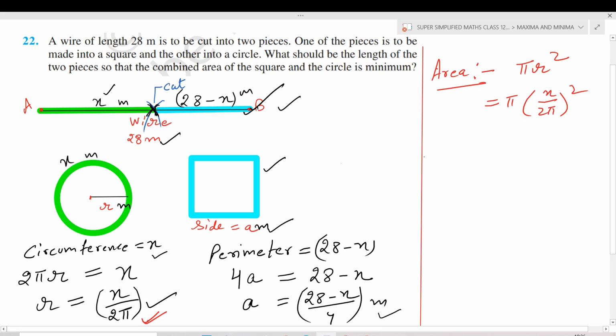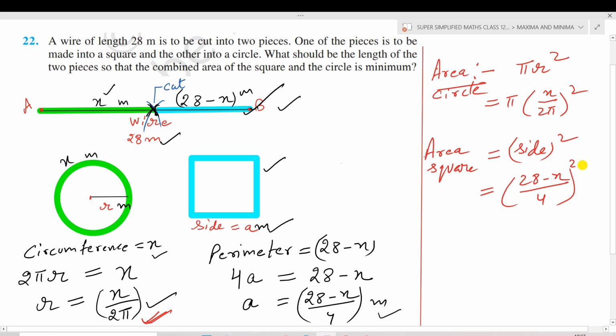So the area of the circle is this. Now we can also find the area of the square. We know that the area of the square is side square, and its side we have already found, it is (28 minus x) upon 4. The unit of the area is meter square.